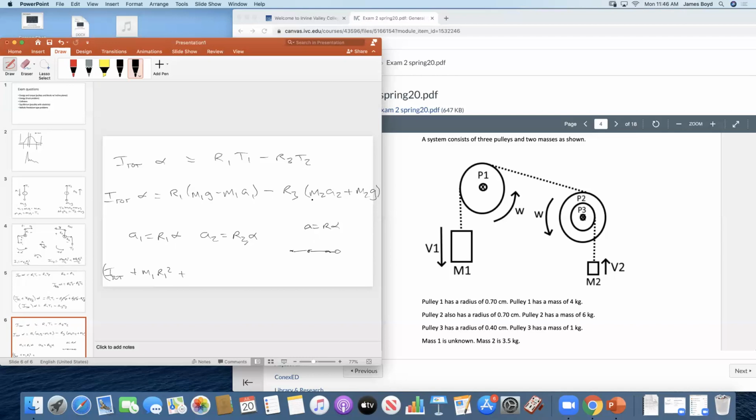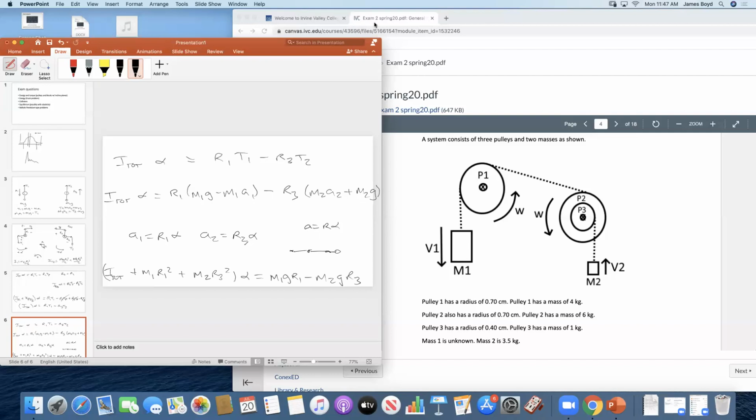Sorry, this was R3 squared alpha. So this is M2 R3 squared all times alpha. All I did was substitute these in, and then I moved those terms over. And that's equal to M1G R1 minus M2G R3.